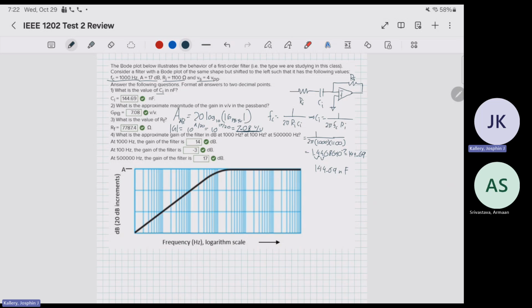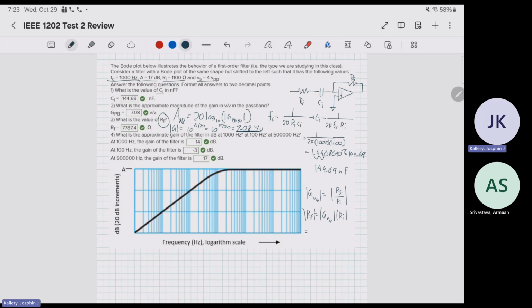Okay, now we need to solve for RF. So if we use our gain equation, gain in volts over volts equals RF over RI. So we know this, so we can solve for this. Okay, so RF equals gain volts over volts times RI.